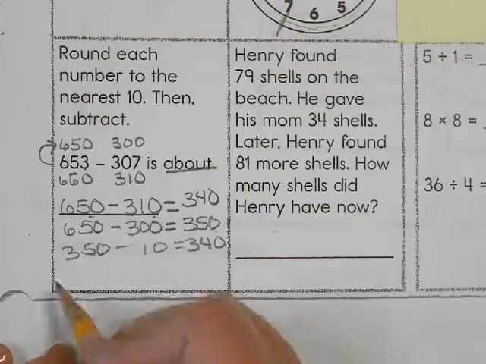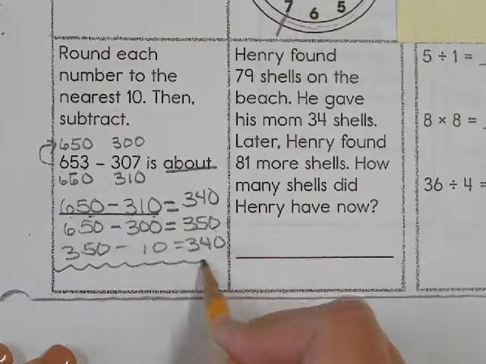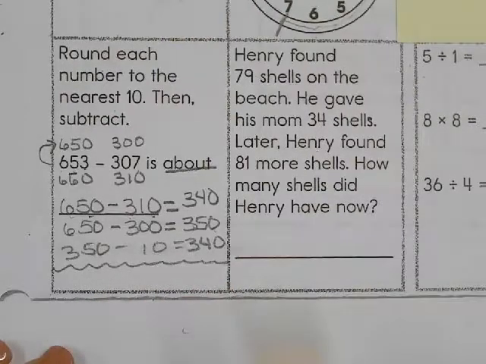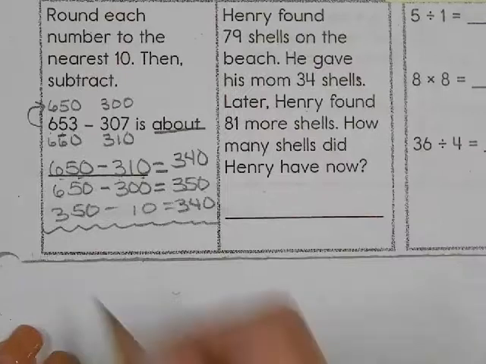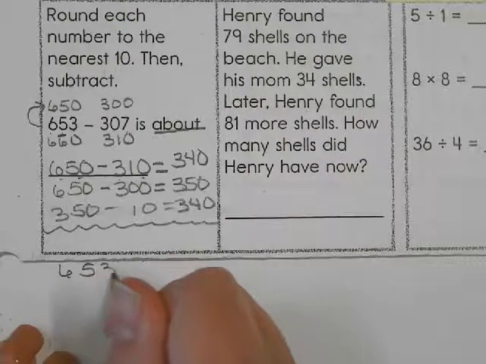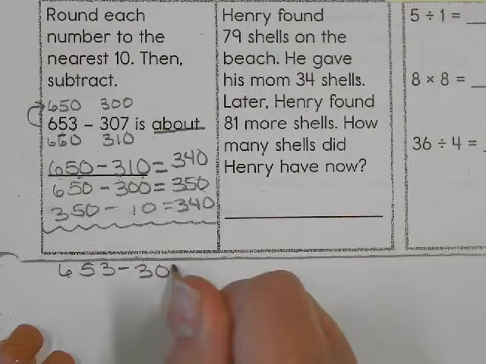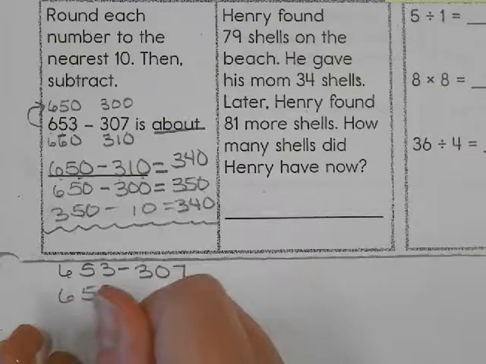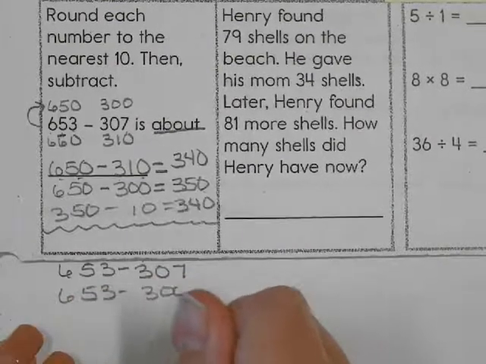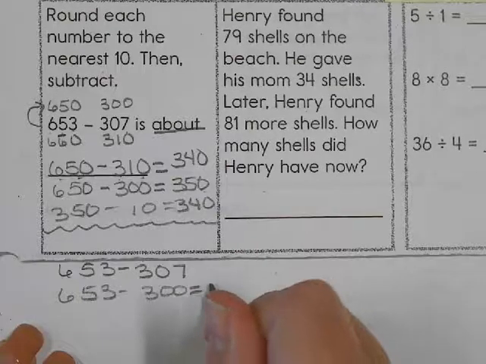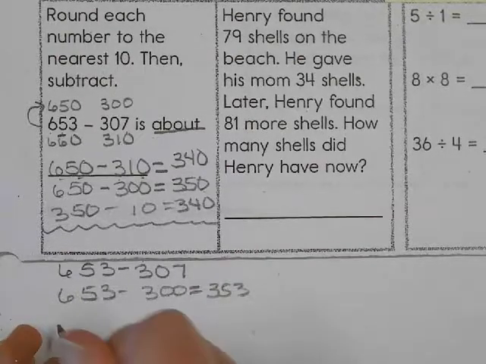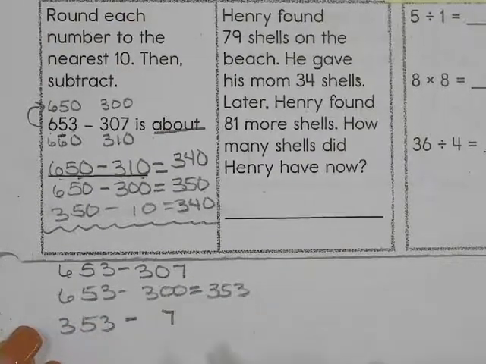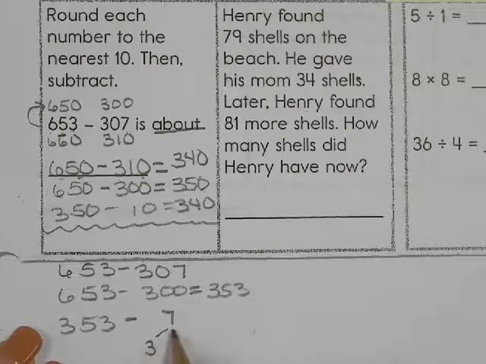Now, if we wanted to see what the actual amount would be and see if our estimation is correct, we could take the 653 and subtract 307. So, again, I could take the 653, subtract 300, which would give me 353. Then I could take the 353 and subtract 7. Well, I could break the 7 up as 4 and 3.